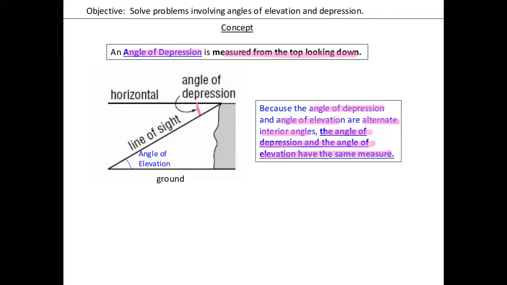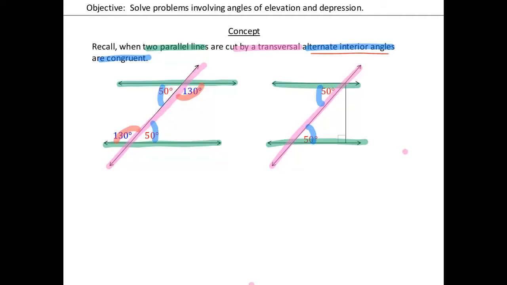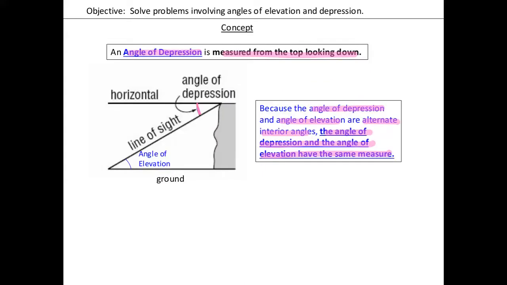Because of what we just reviewed, the two angles created with these parallel lines cut by a transversal, alternate interior angles, end up being congruent. The angle of depression is this outside angle right here, and the angle of elevation is this one.